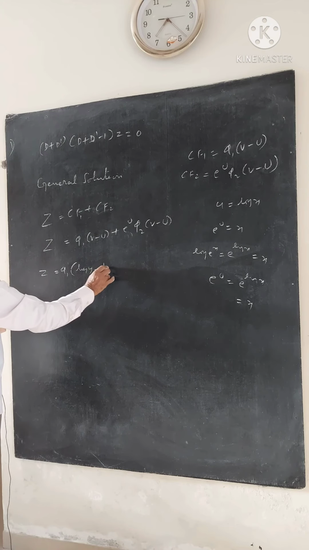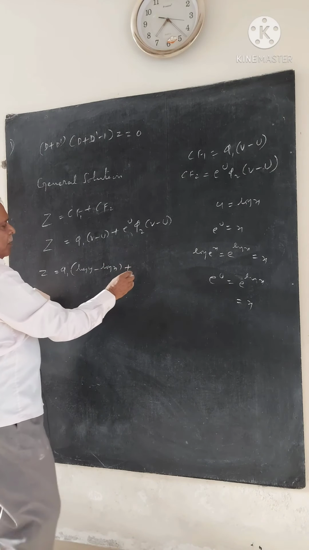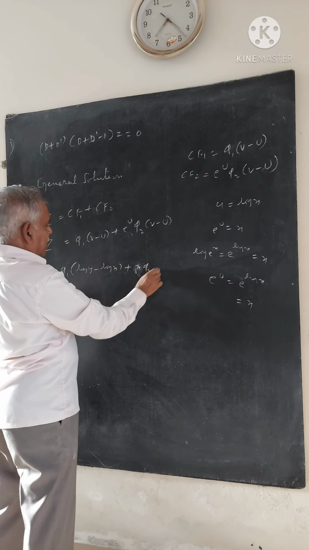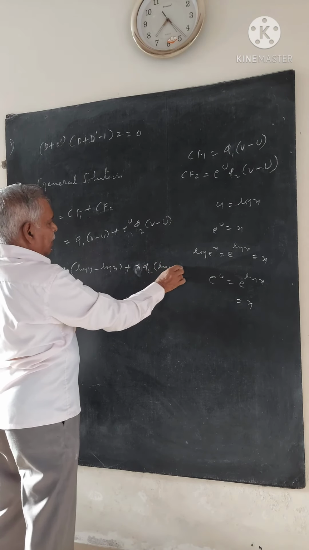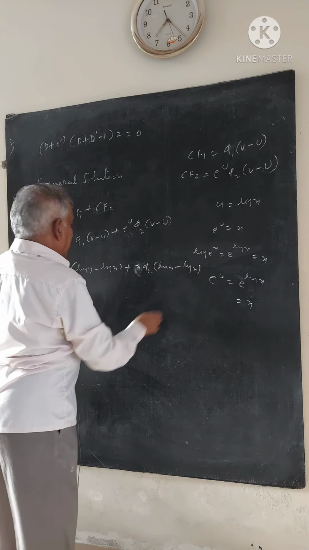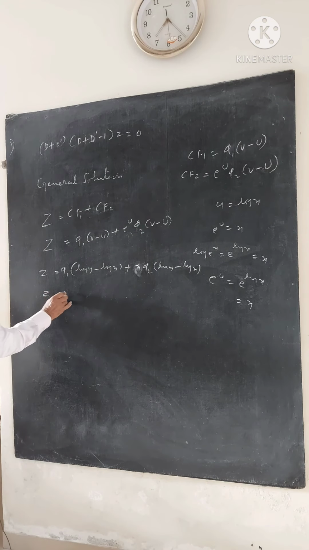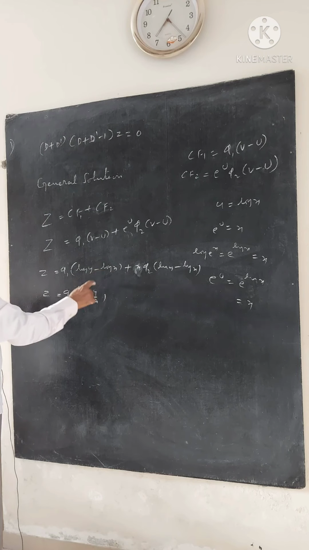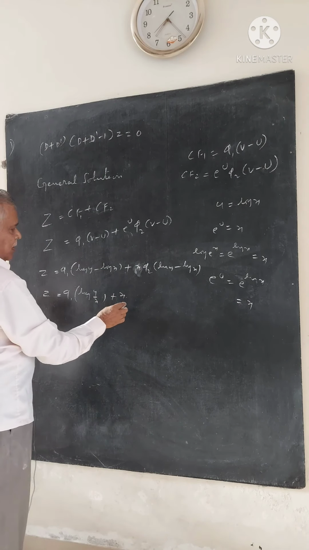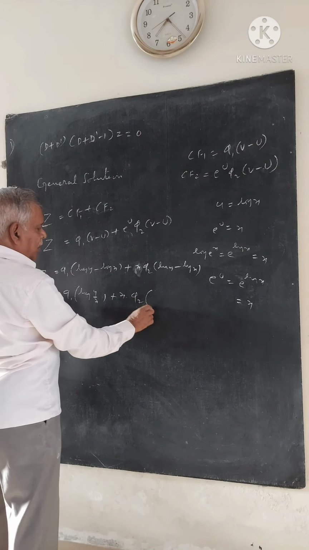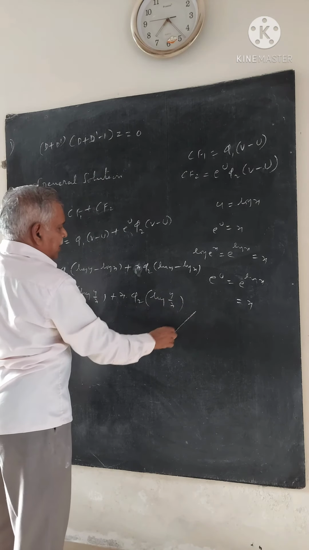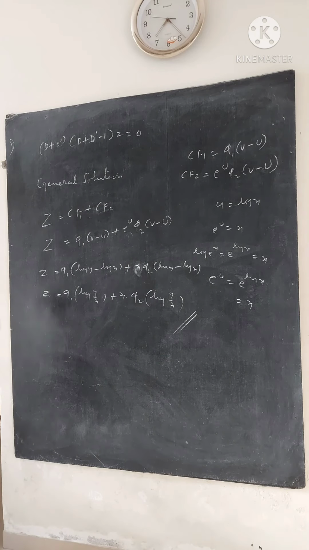So z equal to φ1(log y − log x) + x φ2(log y − log x), that is, z = φ1(log(y/x)) + x φ2(log(y/x)). Log y by x is the answer.